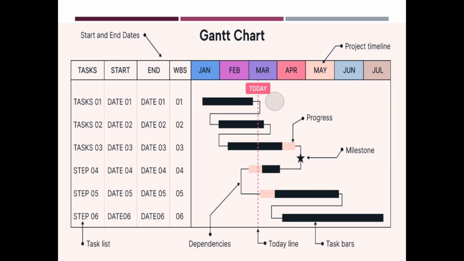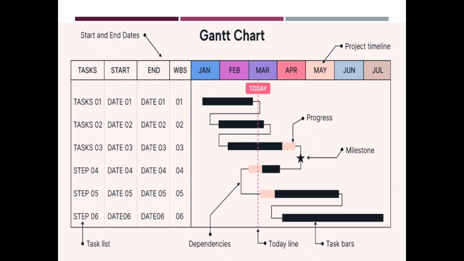This particular bar is for task number 1, and task number 1 is running from January up to somewhere early February, right? Then you can see that task 2 is starting from somewhere end of January and ending somewhere close to end of March, right? So the list goes on and on.